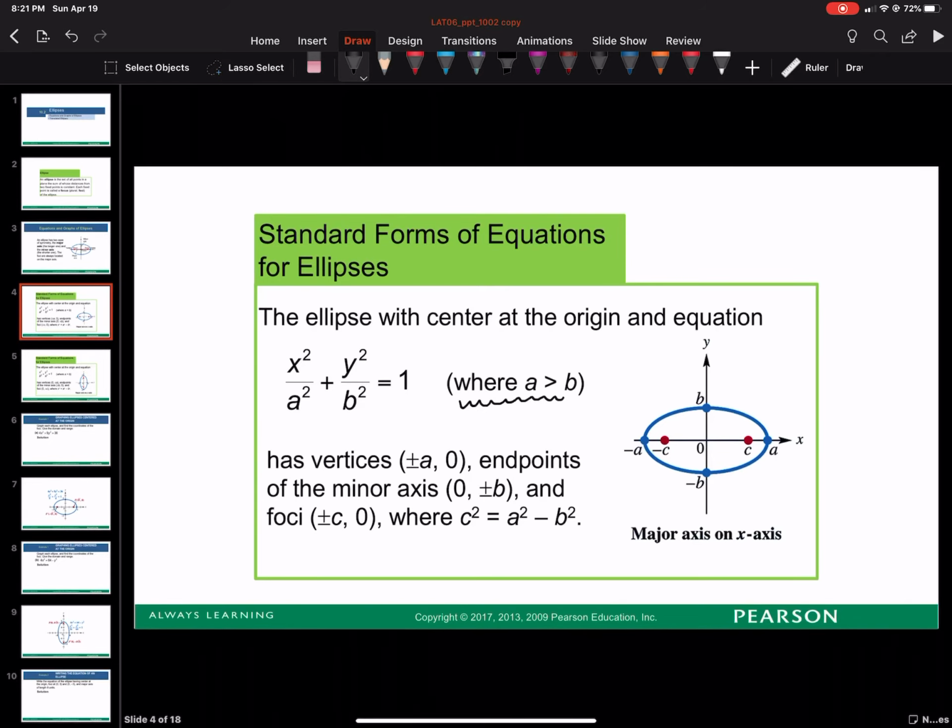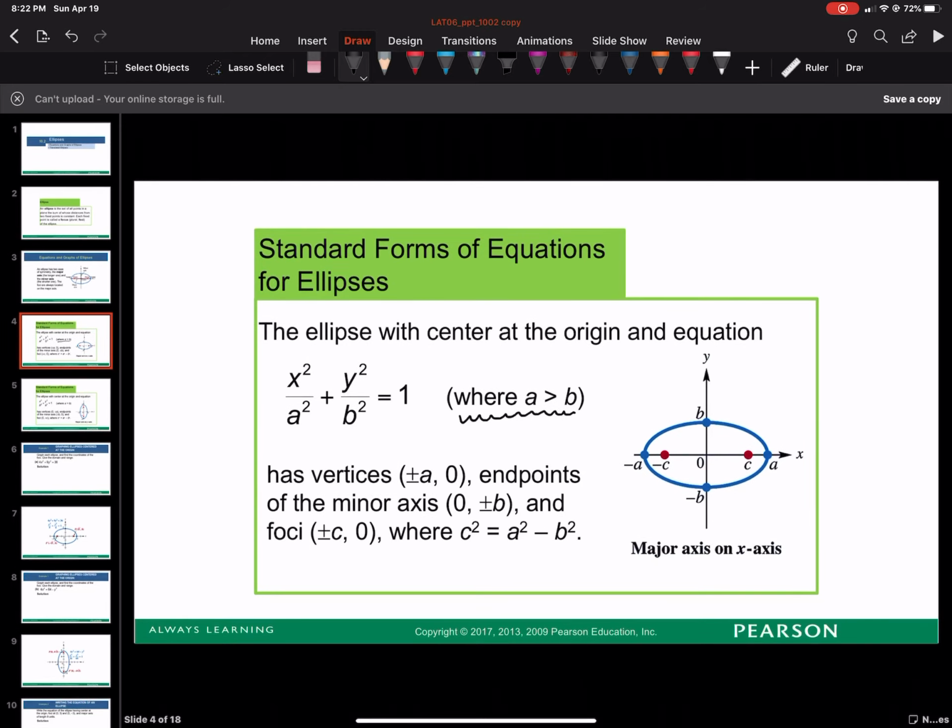It has vertices at plus or minus a, 0, endpoints of the minor axis at 0, plus or minus b, and foci at plus or minus c, where c squared is equal to a squared minus b squared.